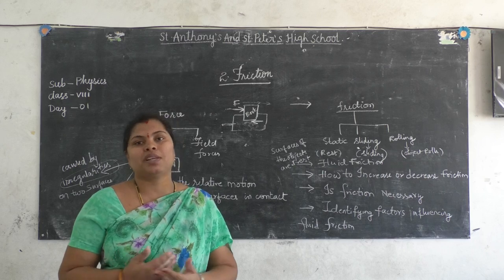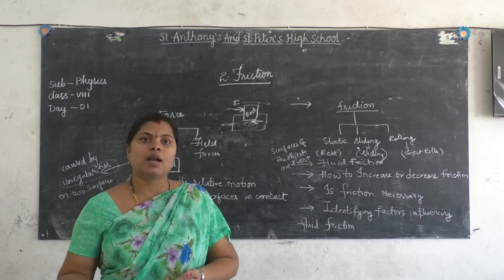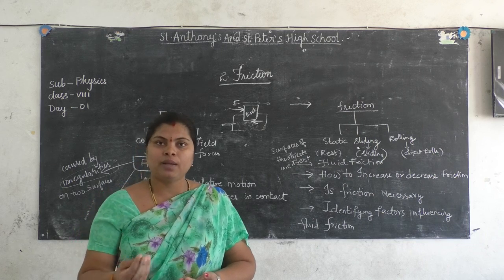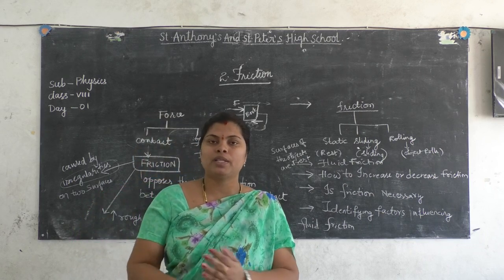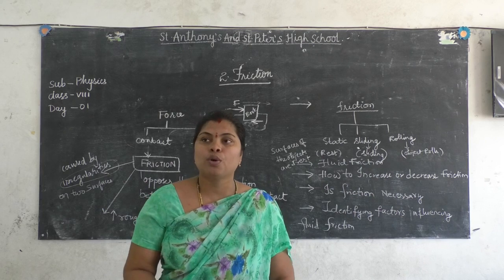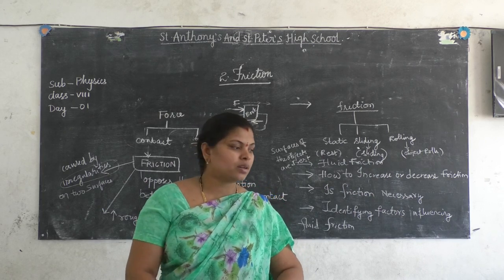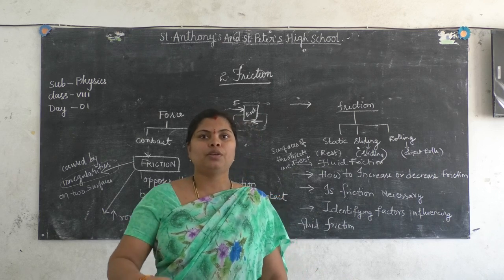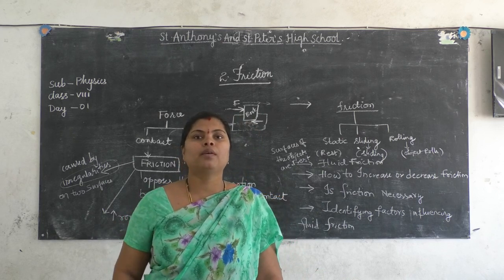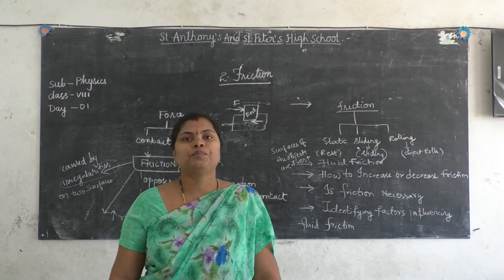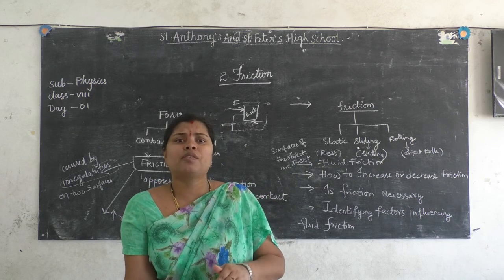Why do you think we slip? The surfaces become smooth when they are muddy or soapy. When the surface is wet in our room, usually we do fall down, right? Why do you think we fall down? It is because the friction offered is very less.